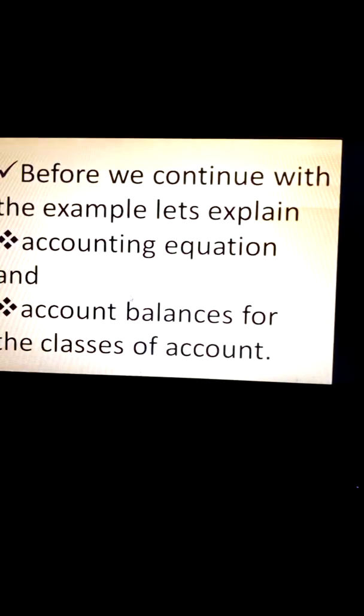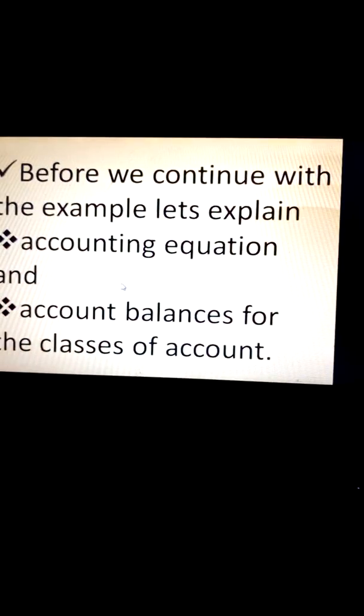And I would like here, before we continue with the example above, let's explain two concepts. Number one, the accounting equation, and number two, account balances for the classes of account. It will help us to understand the double entry principle further.